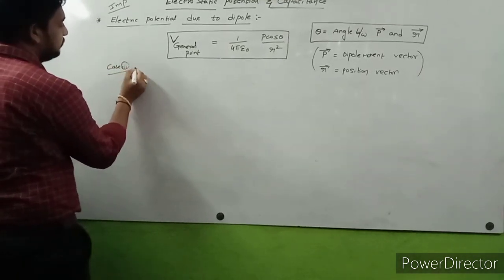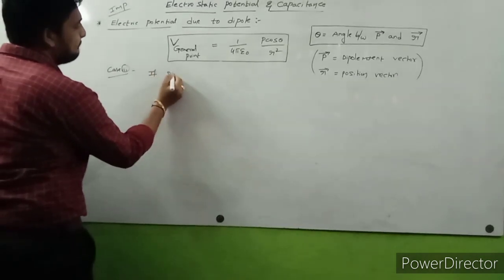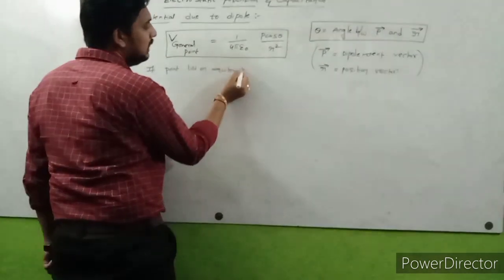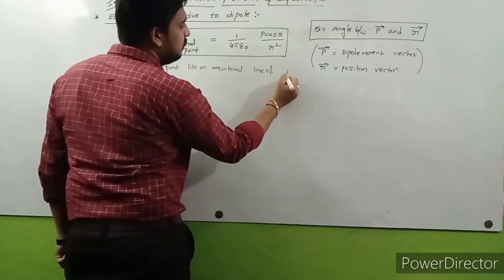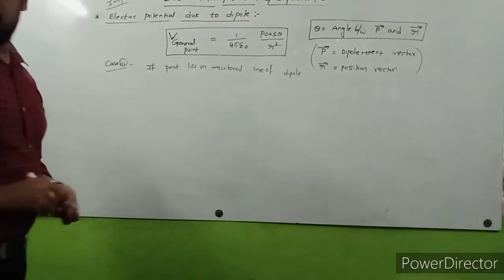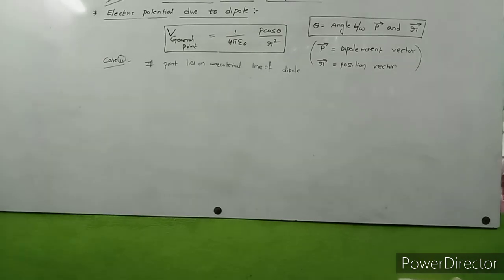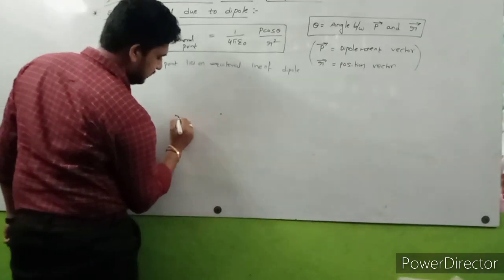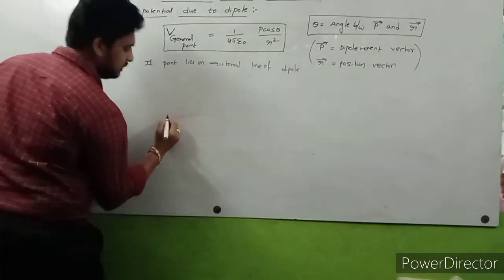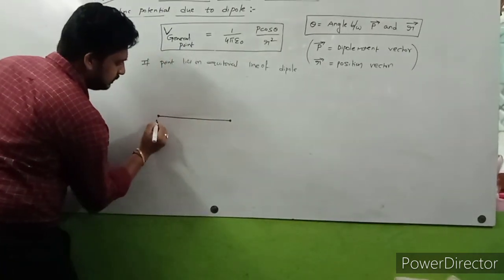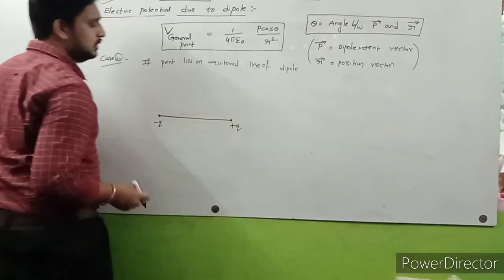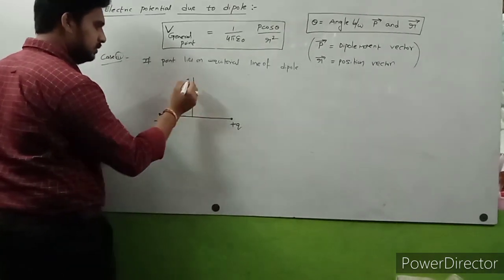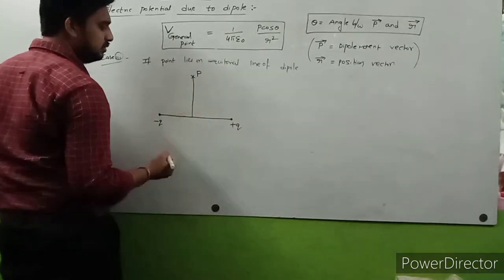If a point lies on the equatorial line of a dipole, so this is a dipole, with a minus q charge here and a plus q charge, and the point lies on the equatorial line.